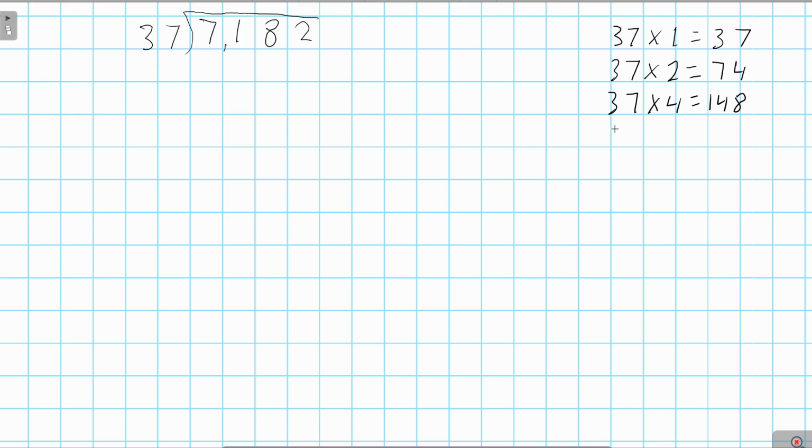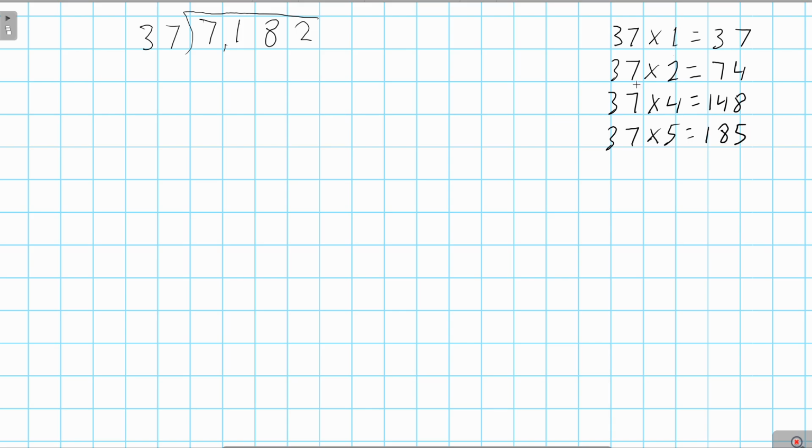I can also generate 37 times 5. Okay, so 37 times 5 is going to be 148 plus another 37 because this is 37 times 4. So 37 times 5 is 37 more. So that's going to be 185.